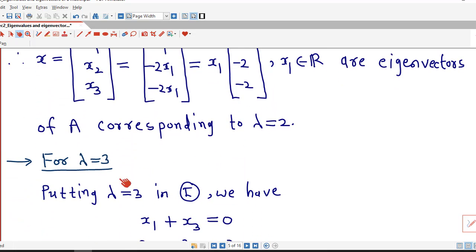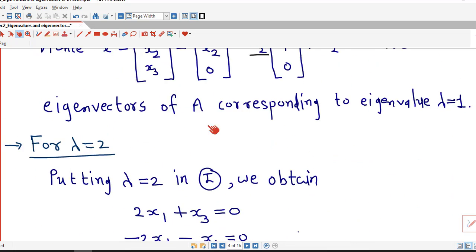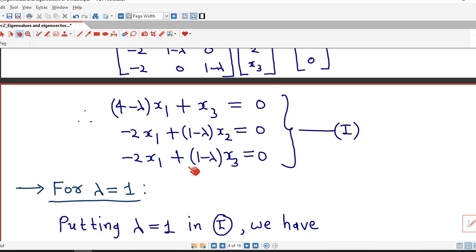Similarly, we can find eigenvectors corresponding to lambda equal to 3. If we put lambda equal to 3 in system 1, we have 4 minus 3, which is x1 plus x3 equal to 0. If we put lambda equal to 3 here we will have minus 2x1 minus 2x2 equal to 0.